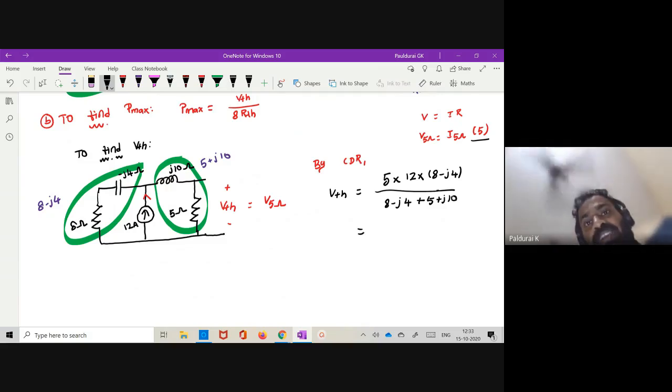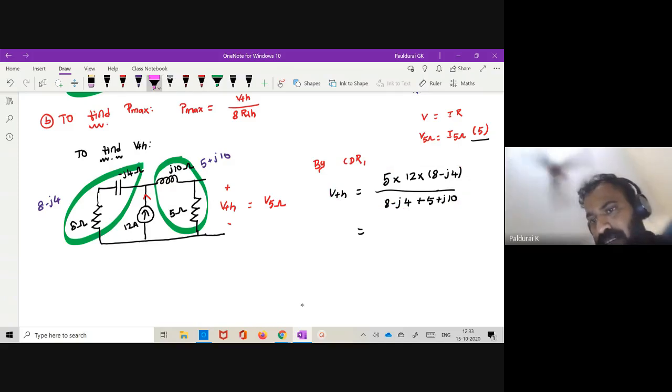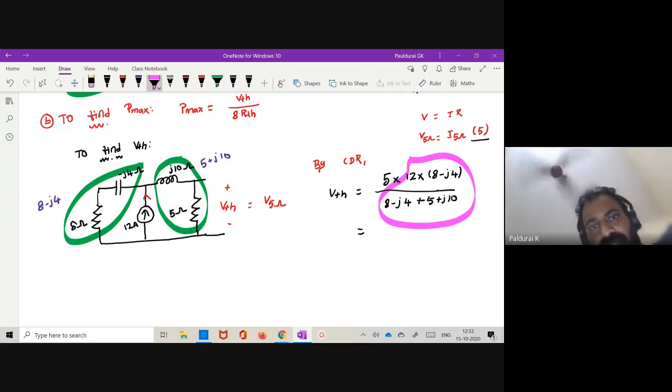Understood this equation? How I got this equation? It's very important. It is simply by CDR and Ohm's law, the current through the 5 ohm.